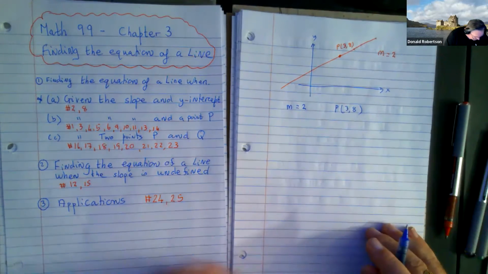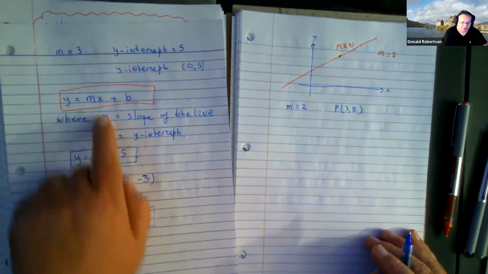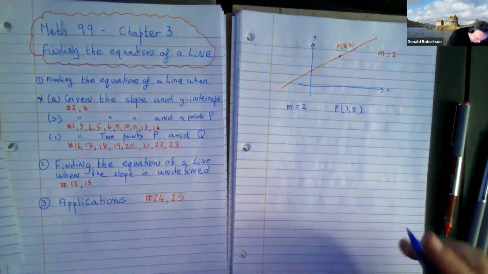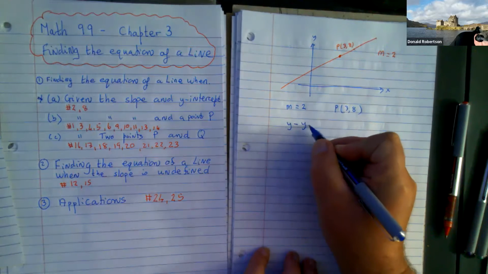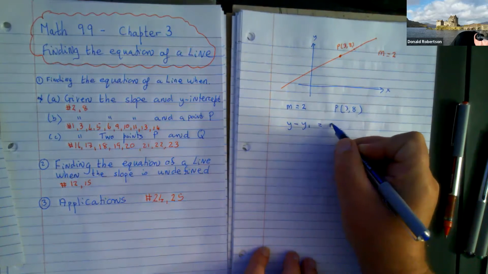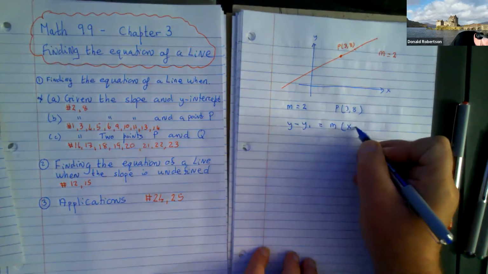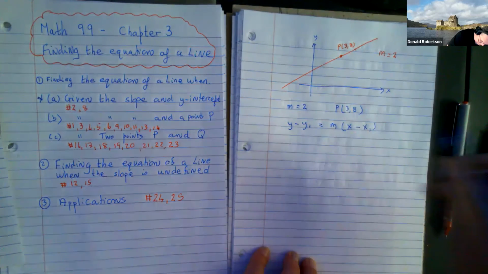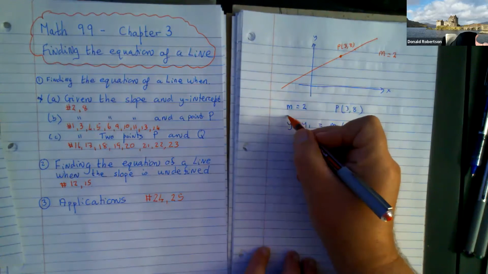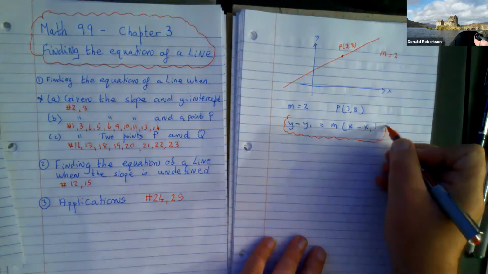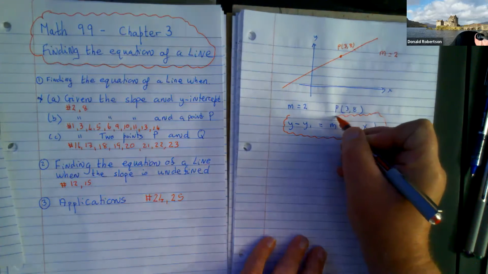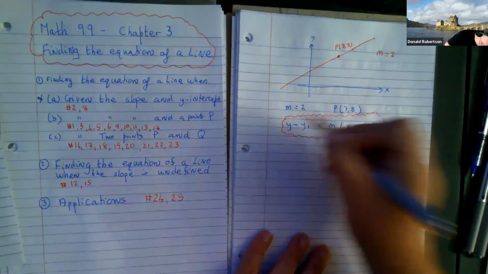Well, we have an adaptation of this equation. It's a little bit trickier. The formula looks like this: y take away y1 equals m brackets x take away x1. It's a little bit messier formula, and this will eventually get us the equation of the line that I've got up there.